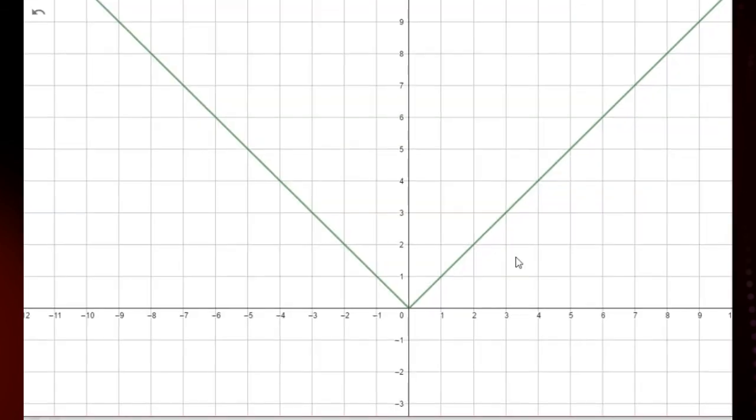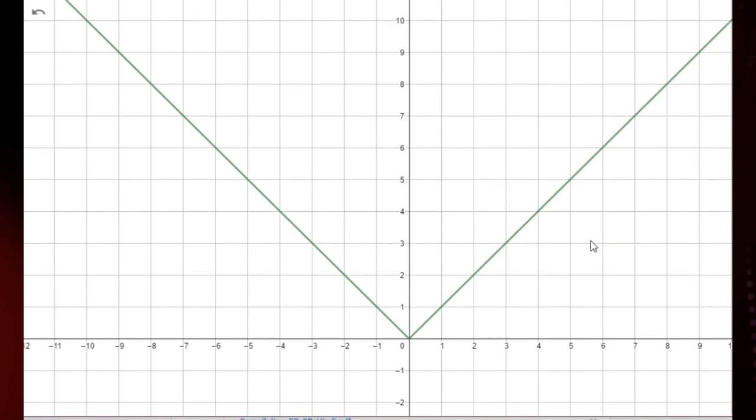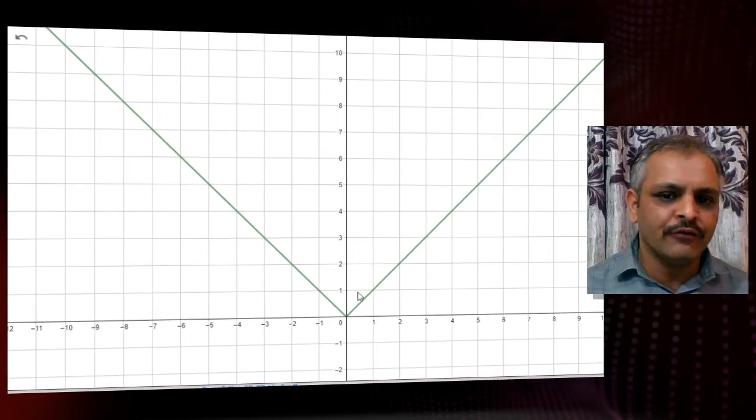You can see that this is a very interesting curve. Here it comprises two lines. The first line is y is equal to x on the positive side of the x-axis. And if you see the negative side of the x-axis, this line is y is equal to minus x. Here the values of x go up to infinity on the positive side as well as the negative side. So domain will be all real numbers, and if you look at the range of this function, the values of y are only positive or 0.